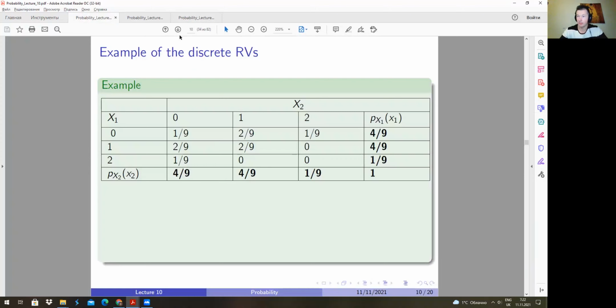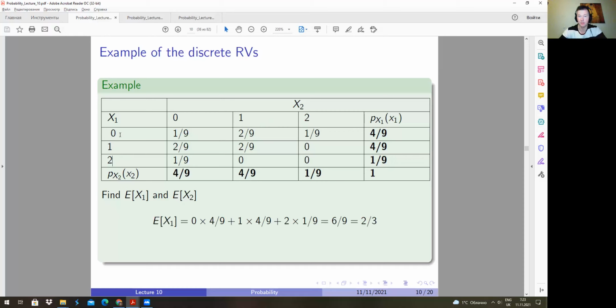So let's see how it works, taking the two examples. If you want, for the discrete case, to calculate the expectation of x1 and the expectation of x2 separately, we have these marginals. With the help of these marginals, we can simply calculate the expectation of x1. x1 takes three values, 0, 1, and 2.